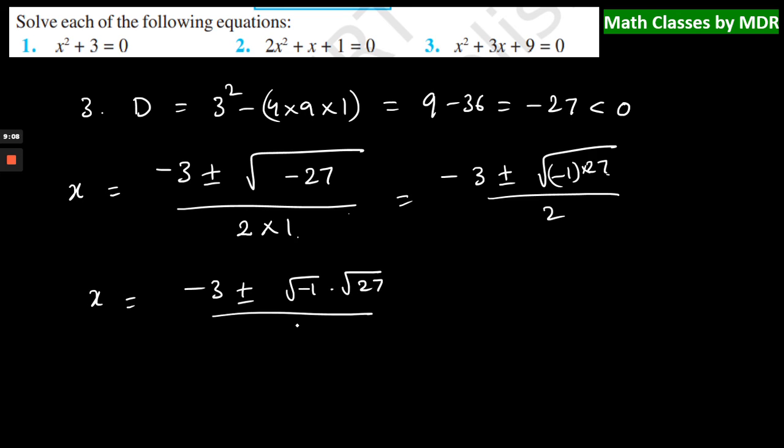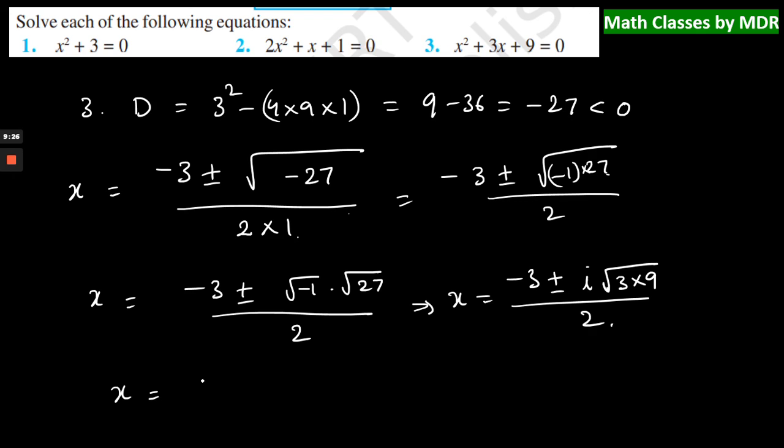Again and again I don't need to write, but I was just showing you. Root minus 1 is i. Root 27, we can write as 3 into 9, so root 9 is 3. So it can be written as x equals minus 3 plus or minus i 3 root 3 by 2 is your answer.